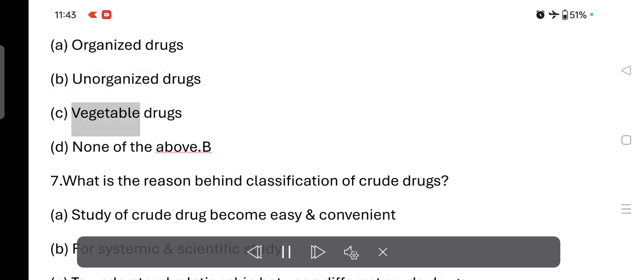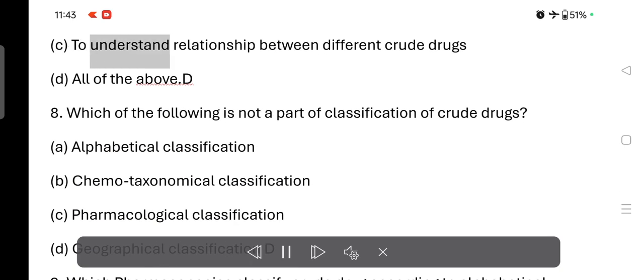C. Vegetable drugs. D. None of the above. Answer: B. 7. What is the reason behind classification of crude drugs? A. Study of crude drug become easy and convenient. B. For systemic and scientific study. C. To understand relationship between different crude drugs. D. All of the above.